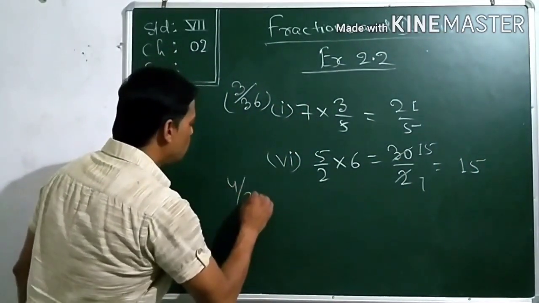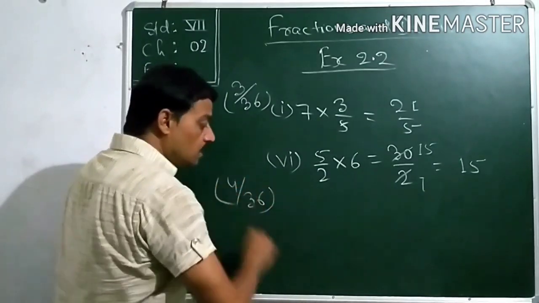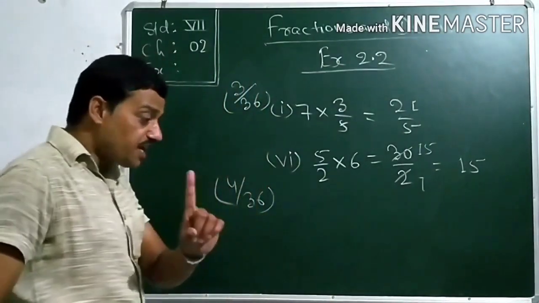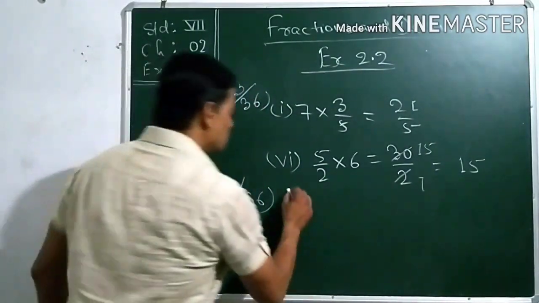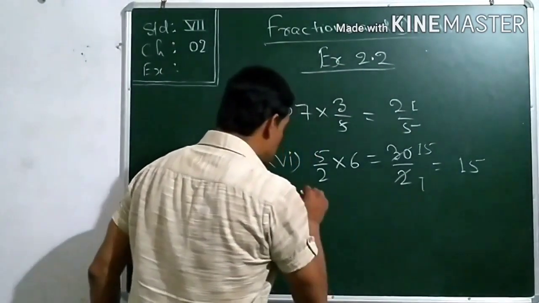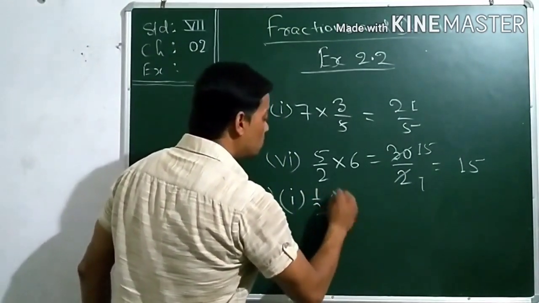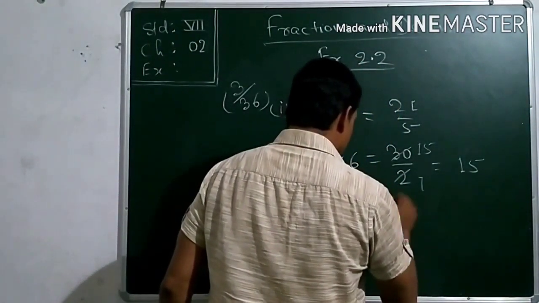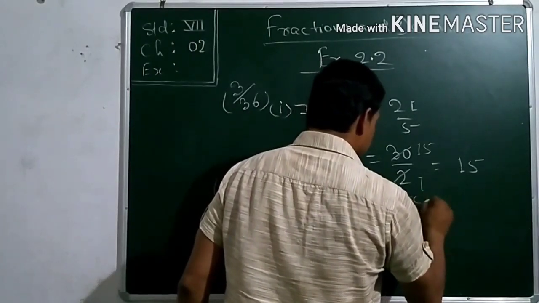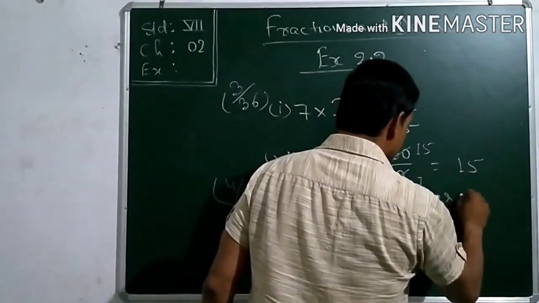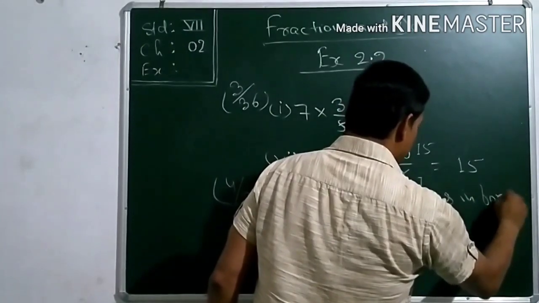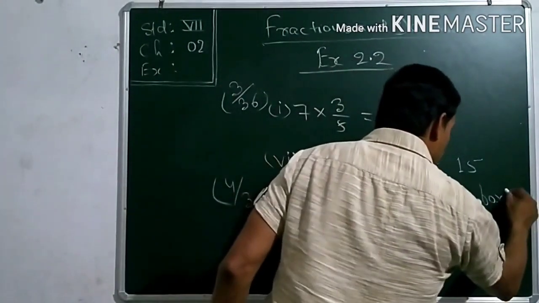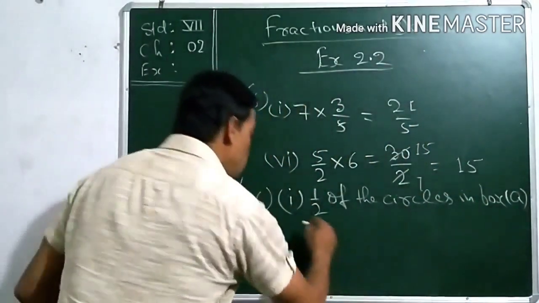Come to the 4 number. In the 4 number, you are asked to set the first one 1 by 2 of the circles in box A. And if we look at the box A, what do we see?